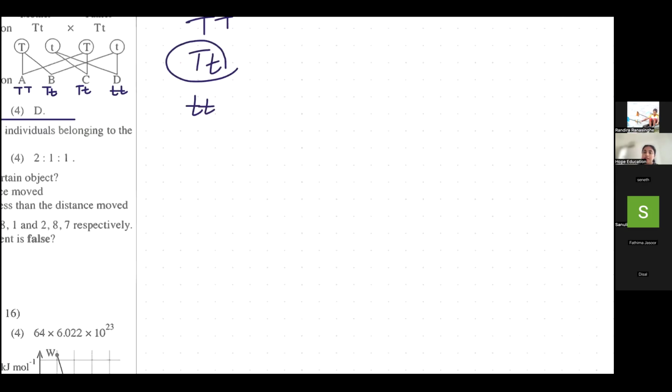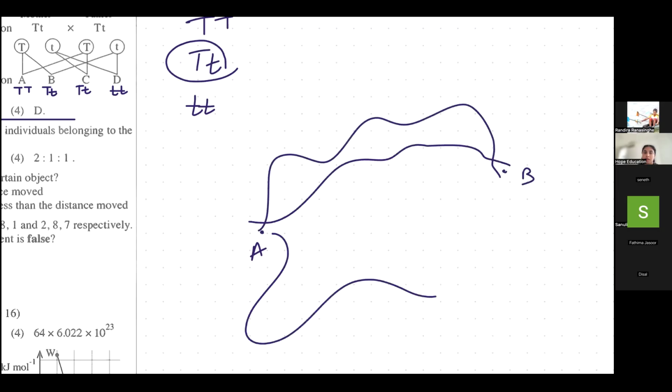If we take 2 points A and B, I said there can be a distance like this, another distance like this, and another distance like this. Okay, I'll take these as Roman number 1, 2, 3, 4.